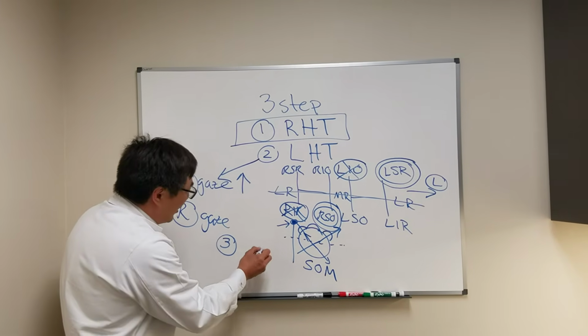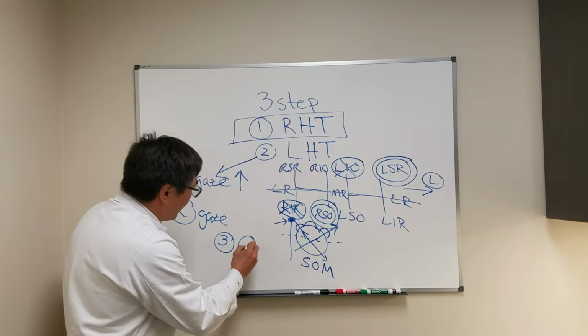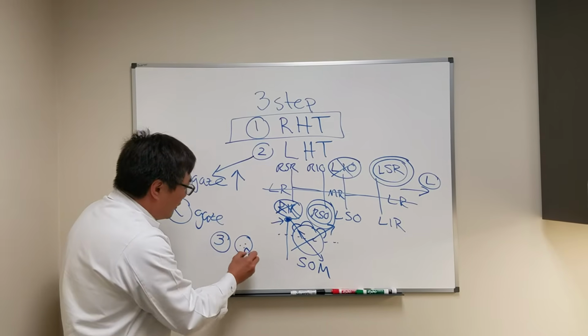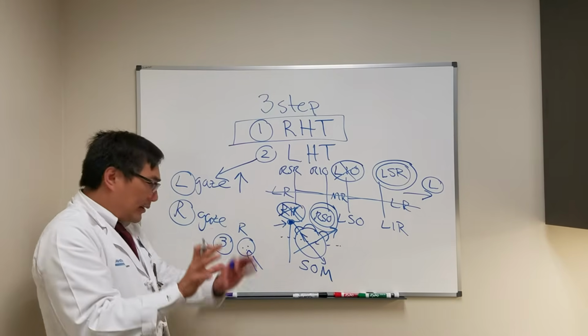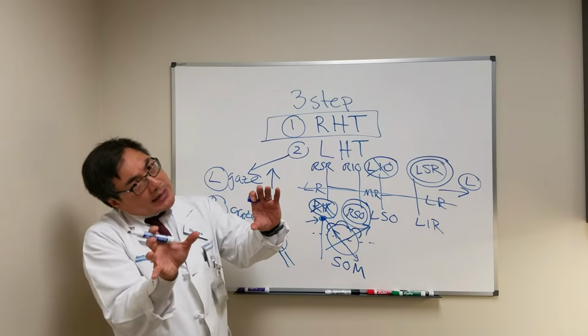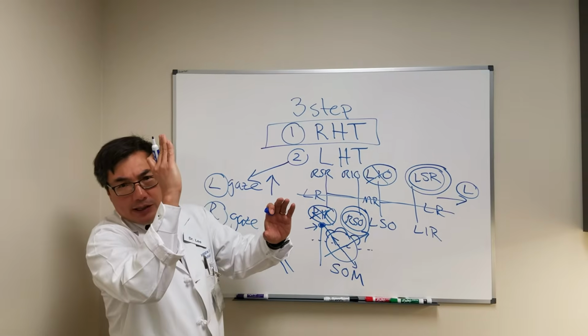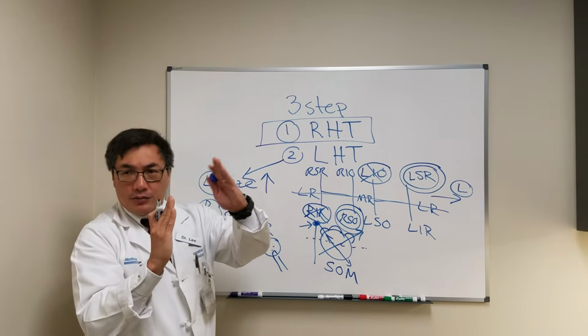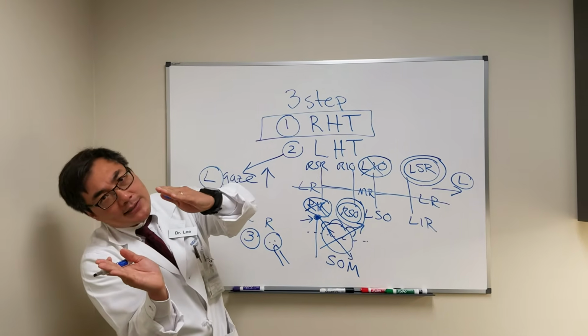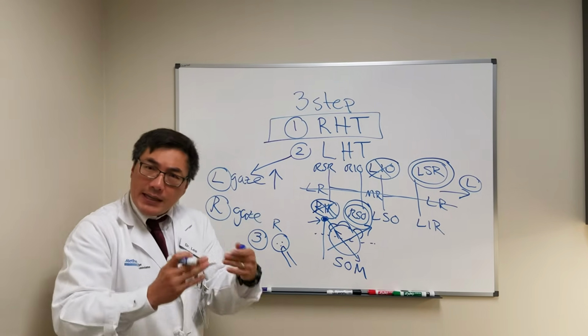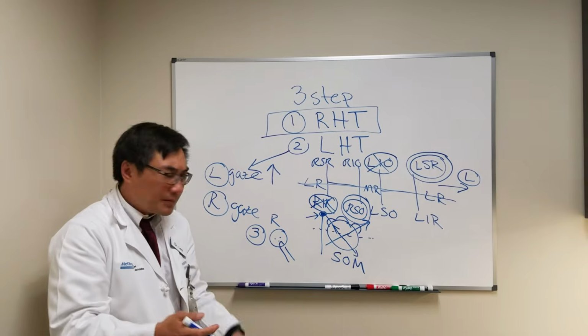So when we tilt our head to the right, the right eye has to intort to maintain the vertical orientation of the world, and the left eye has to extort. Otherwise, everything would tilt every time you tilted your head, and it doesn't, because you have counter-rolling mediated by the vestibular ocular reflex.